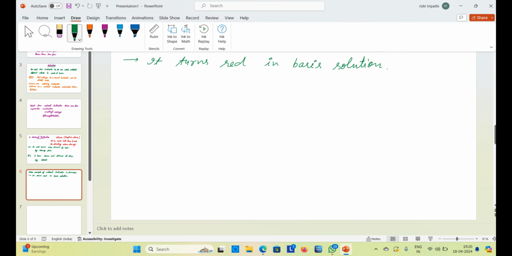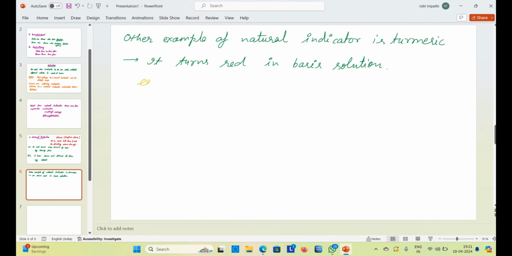For example, yellow curry on white cloth turns reddish brown when soap is scrubbed on it.